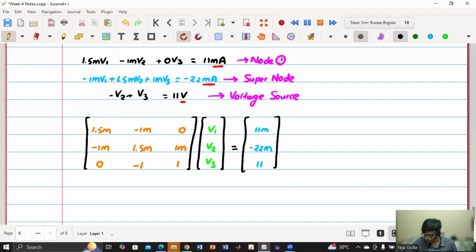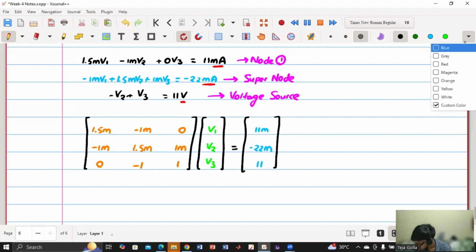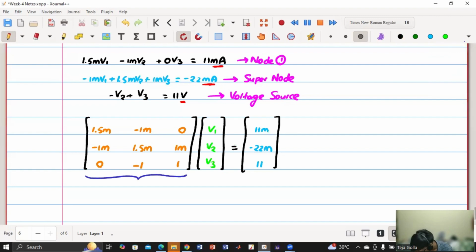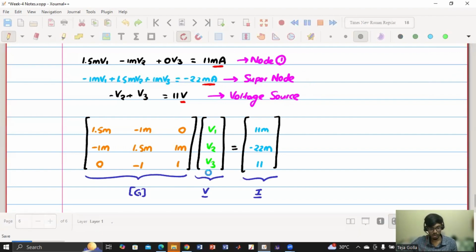Okay, so now we got this matrix, which is the matrix G times vector V is equal to, sorry, I bar. Now let us check whether whatever we have solved is correct or wrong.